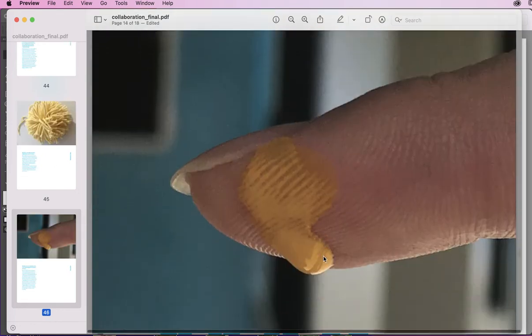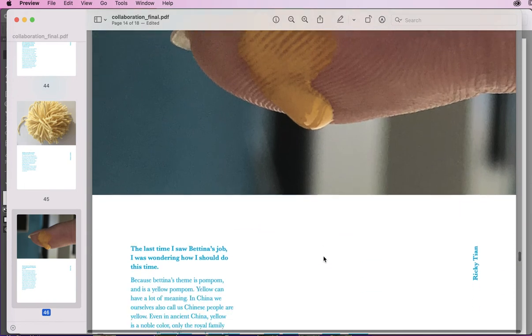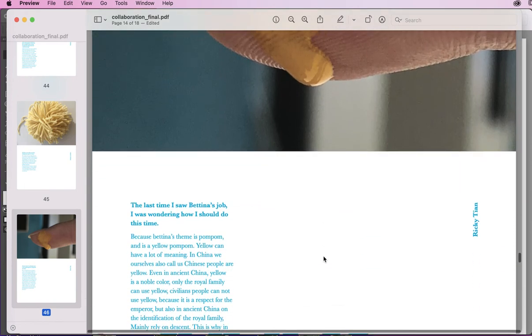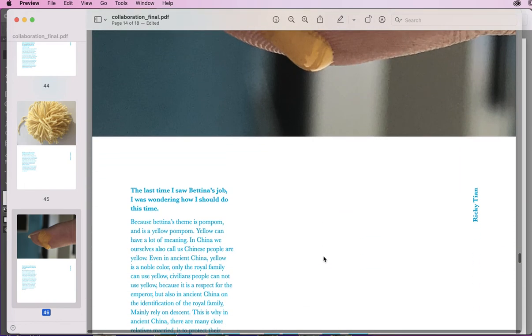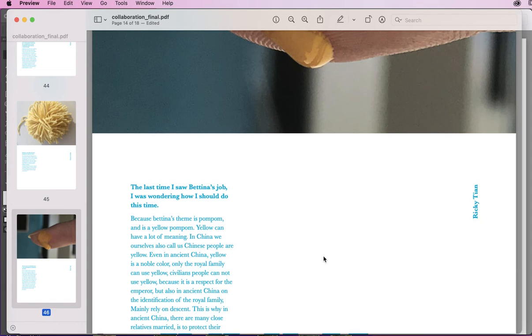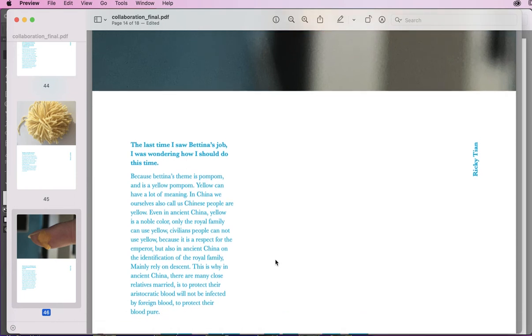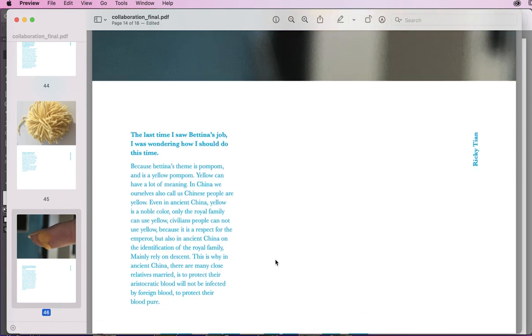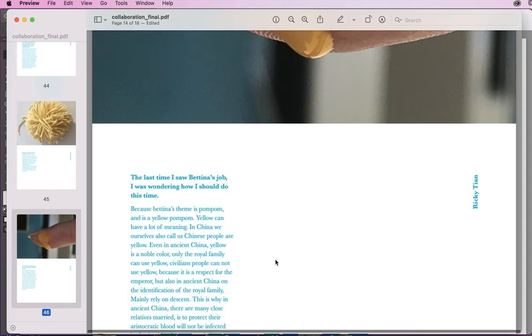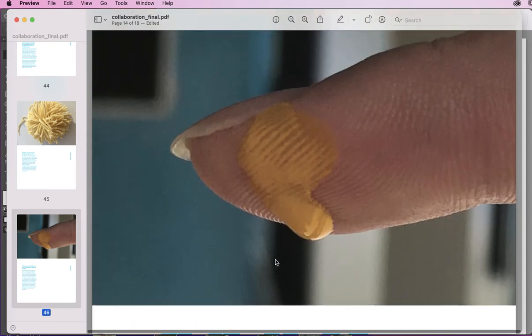And it's a Chinese student who talks about the color yellow as the associations in China with the derogatory term of yellow people, but he talks about it's a noble color. It's a color of royalty and significance, a color of purity.